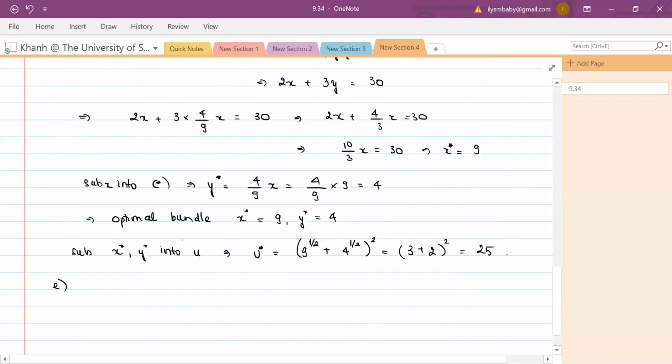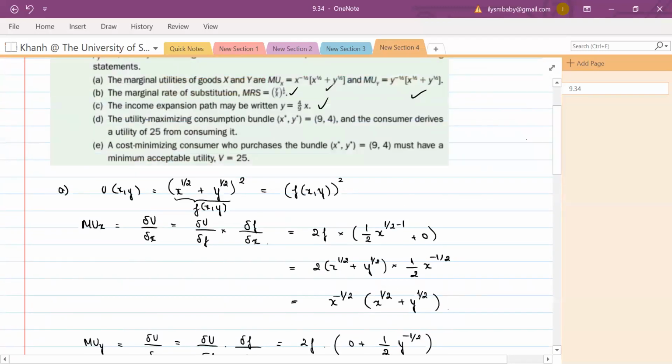Basically, if the consumer has $30 and he wants to consume a bundle that gives him a utility of 25, which is the utility we found earlier, then we know that the cost minimizing bundle is just going to be the same.